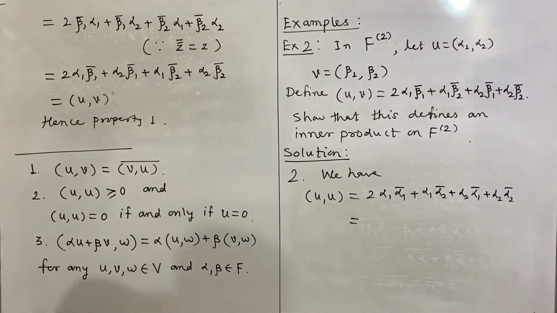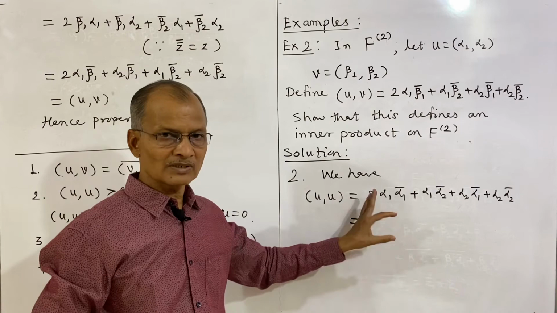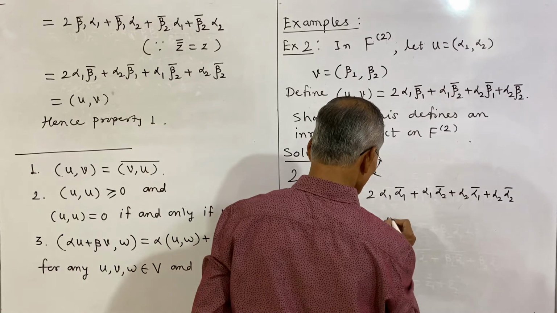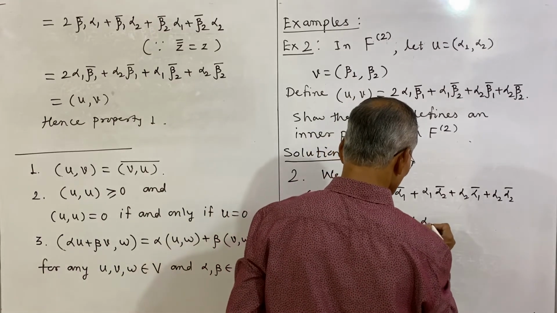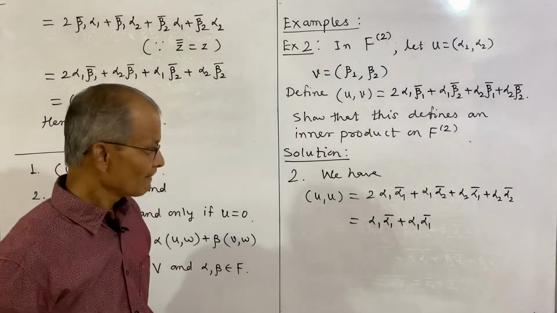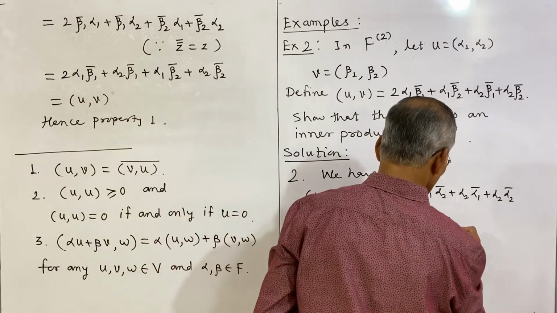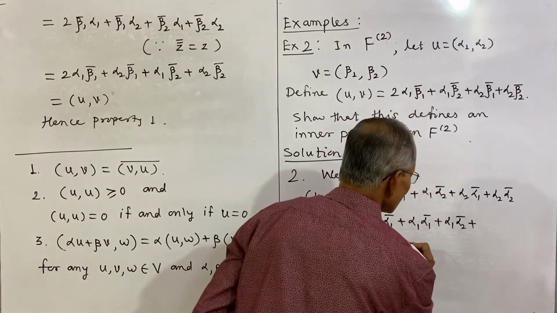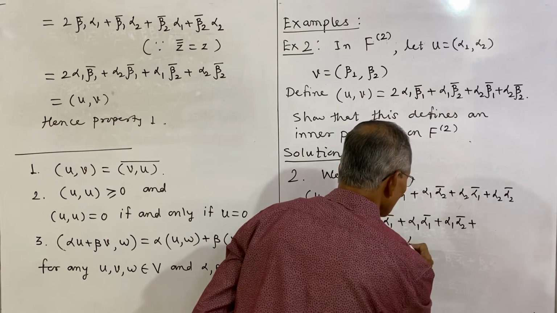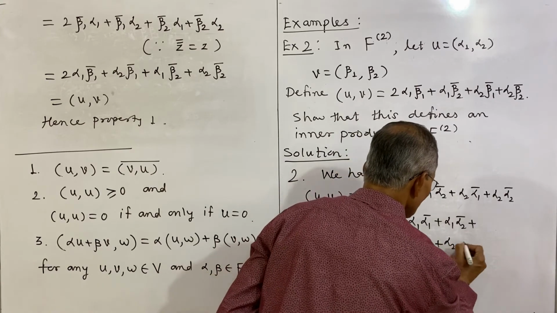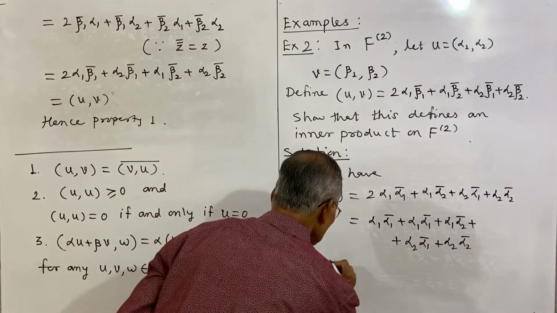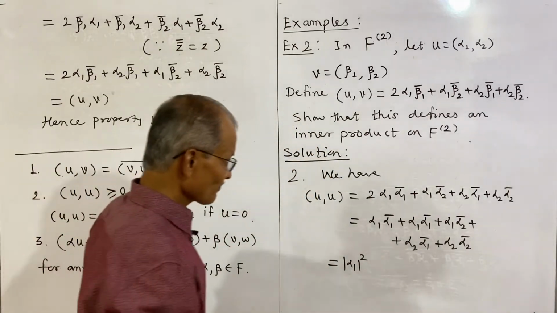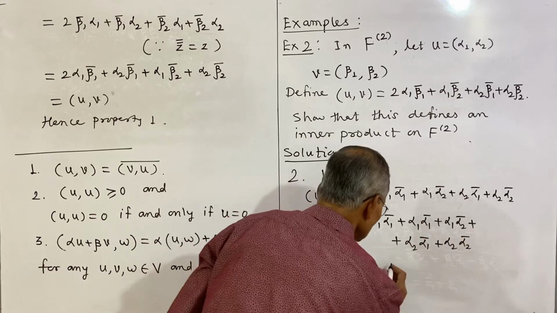now we know what alpha 1 conjugate alpha 1 is, that is mod alpha 1 square, and therefore this is, but I shall write this as alpha 1 conjugate alpha 1 plus alpha 1 conjugate alpha 1, double term I have written separately, and plus alpha 1 conjugate alpha 2 plus alpha 2 etc., but that remaining term I shall write here, plus alpha 2 conjugate alpha 1 plus alpha 2 conjugate alpha 2, and now the first term I shall write as mod alpha 1 square, z bar is mod z square, and plus from the remaining terms I shall take alpha 1 common.